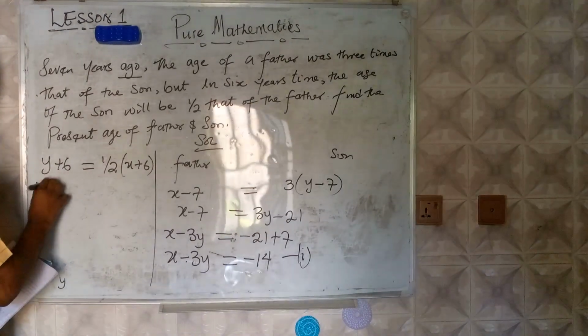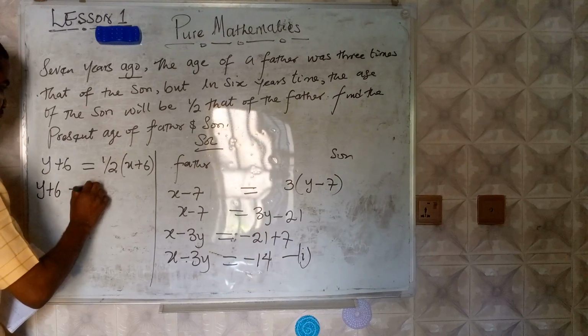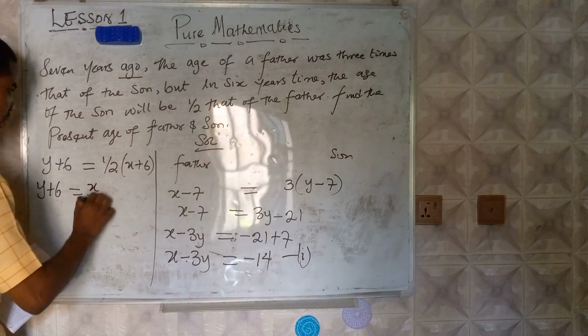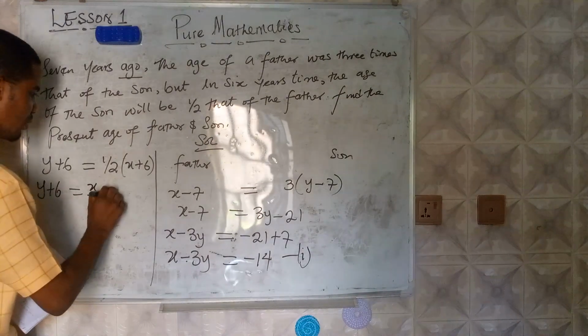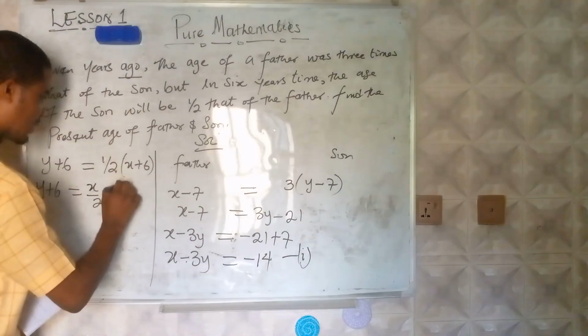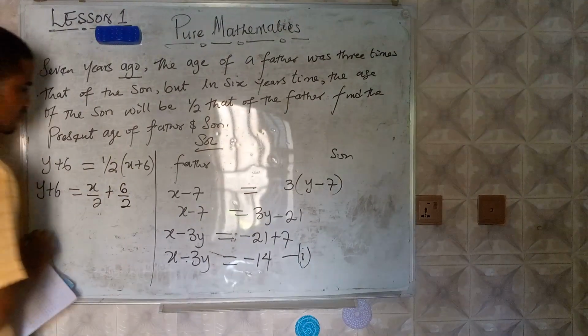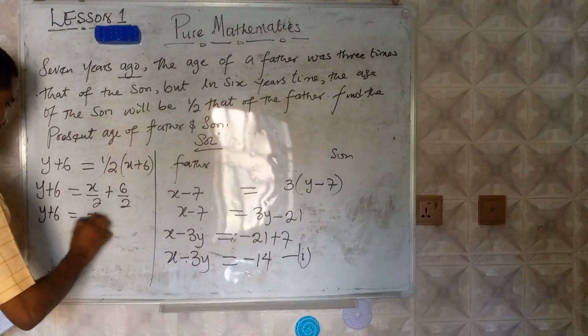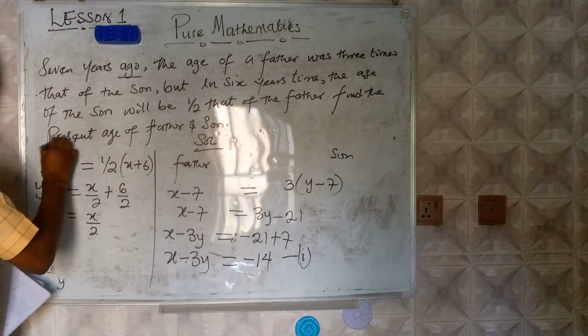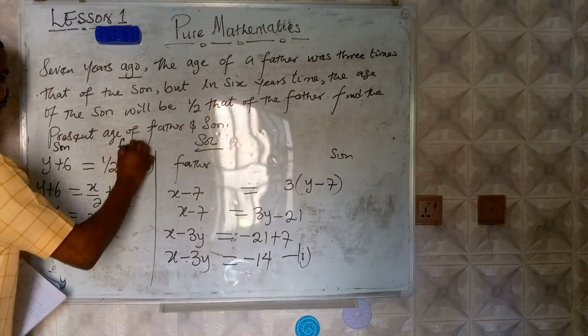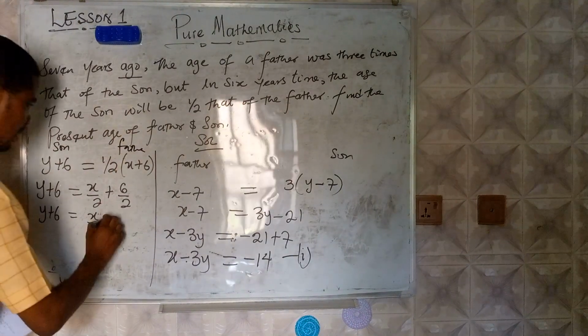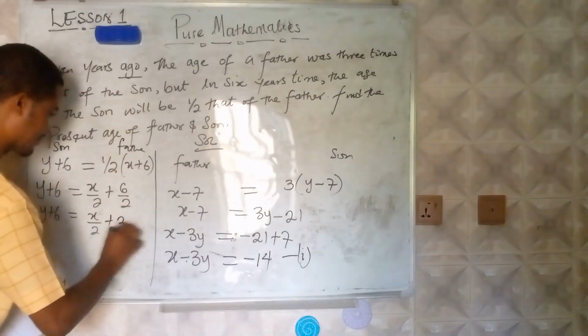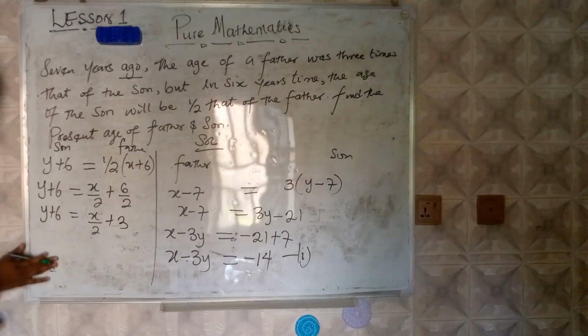So I have y plus 6 equals x over 2 plus 6 over 2. Y plus 6 becomes x over 2. Remember, this is son, this is father, plus 3. Okay?